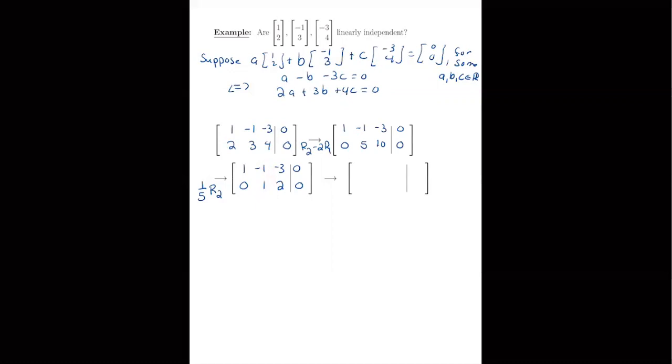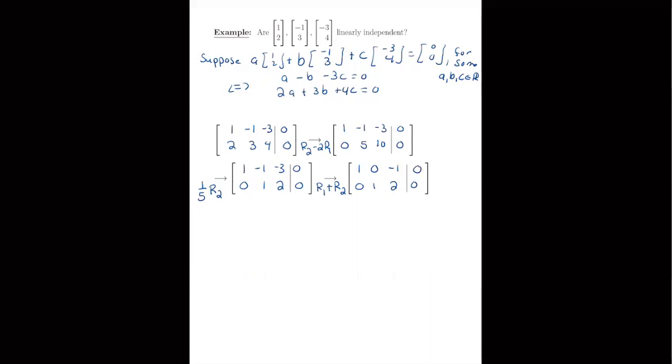So one more row operation: row 1 plus row 2. So row 1 plus row 2 will certainly create a 0 here. Let me recopy row 2: 0, 1, 2, 0. 1 plus 0 is 1. Negative 1 plus 1 is now 0. Negative 3 plus 2 is negative 1, and here 0 plus 0 is 0.